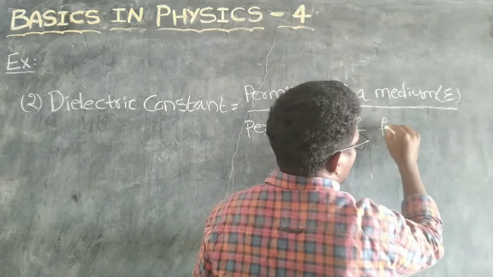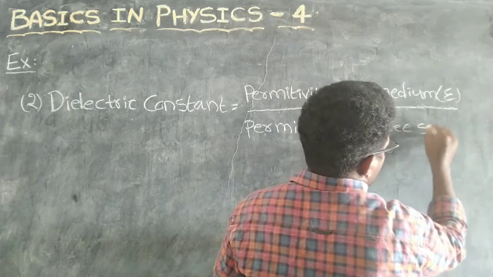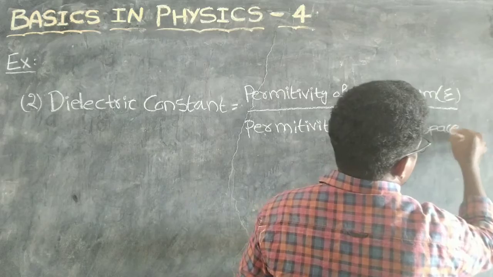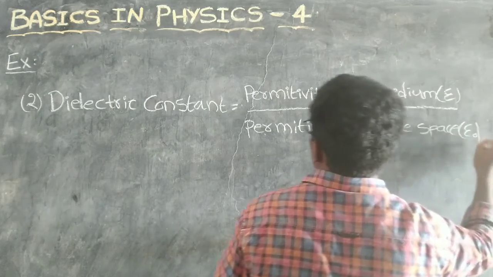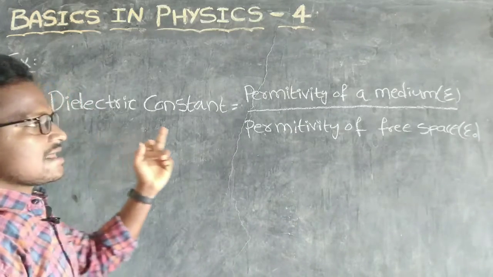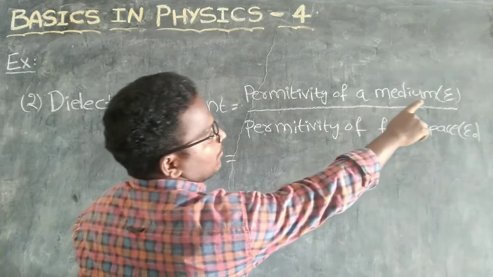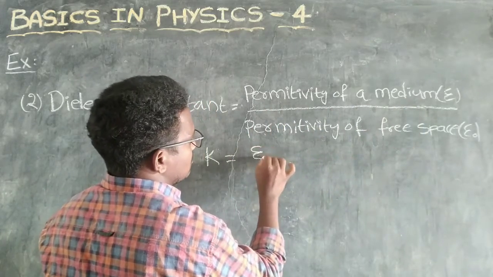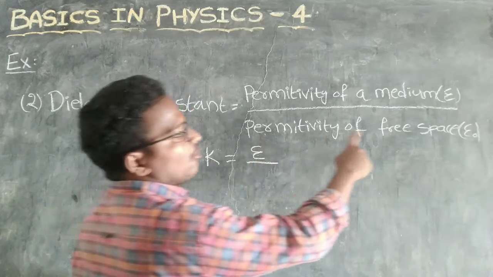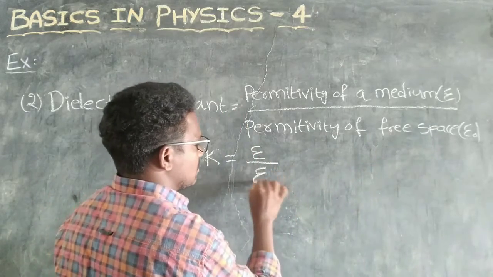Permittivity of free space means epsilon naught. Here dielectric constant means K. Permittivity of a medium epsilon by permittivity of free space epsilon naught.